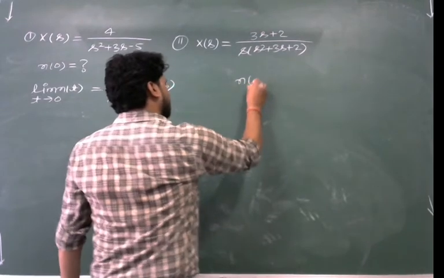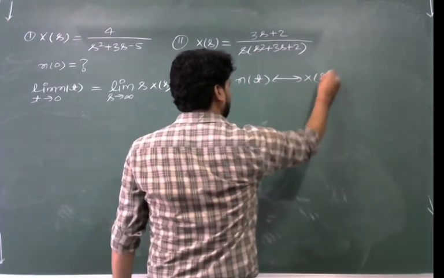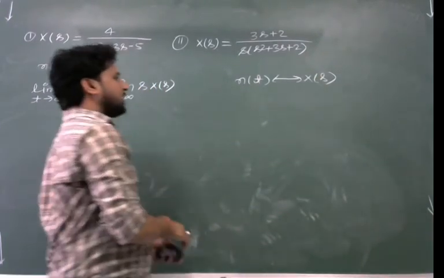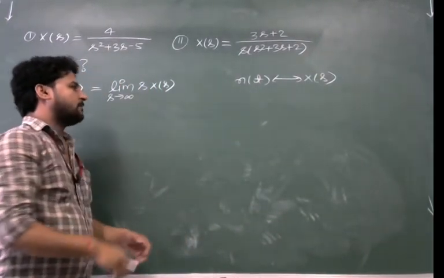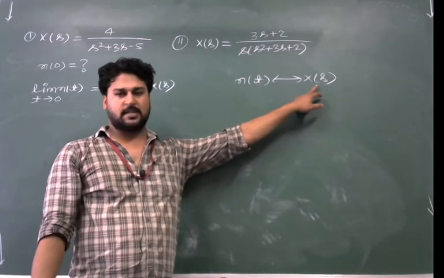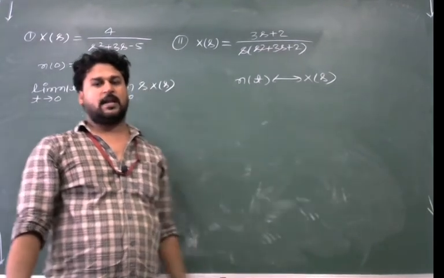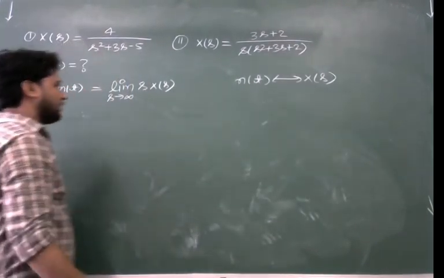So to find the initial value, first we multiply by s in this Laplace transform and then put s equal to infinity. We will get the initial value of the function.